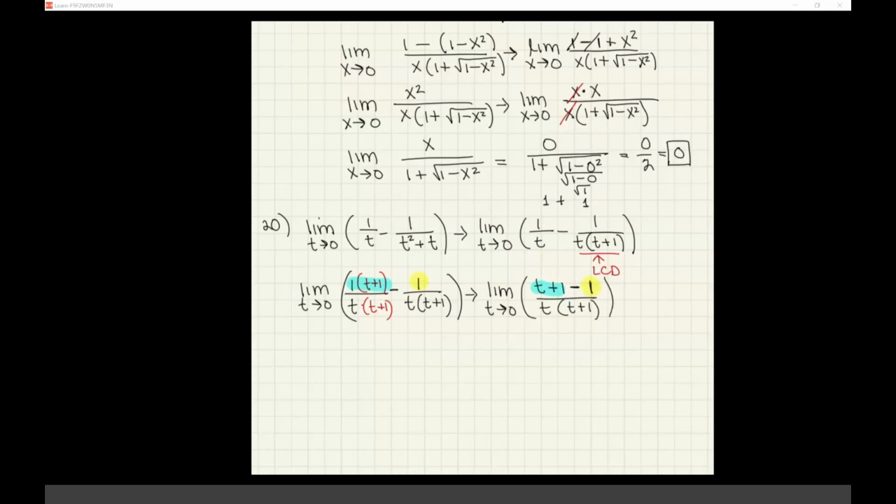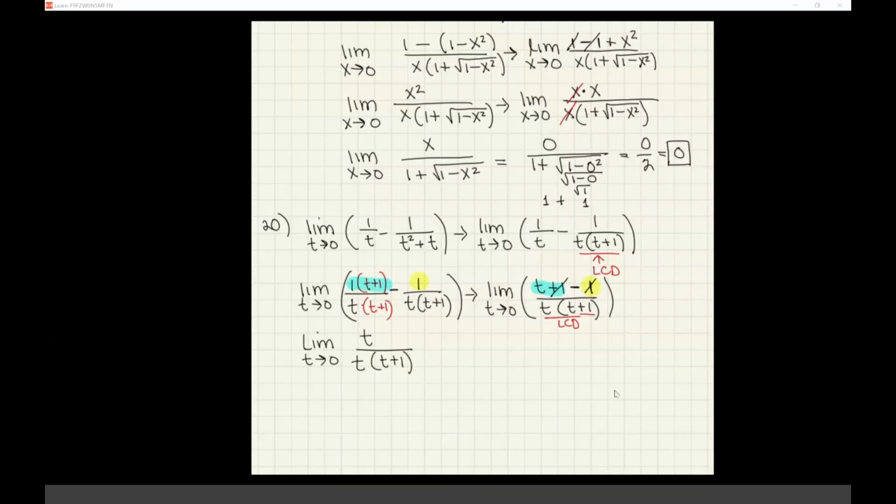Okay, so you subtract your quantities in the numerator and you write them over the common denominator. Now you can notice the same pattern again. I've got a plus 1 and a minus 1. Those cancel. And now my fraction is the limit as t approaches 0 of t over t times t plus 1. Okay, the plus 1 and the minus 1 cancel out upstairs and just leave a t.